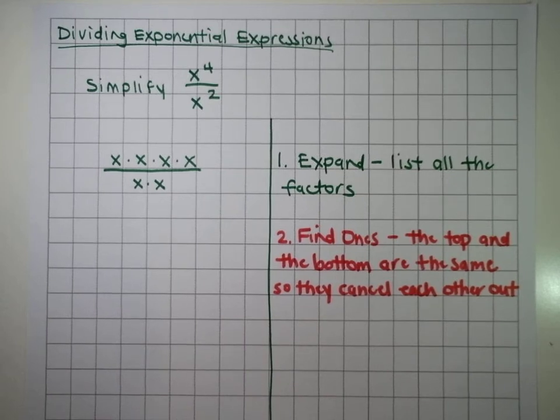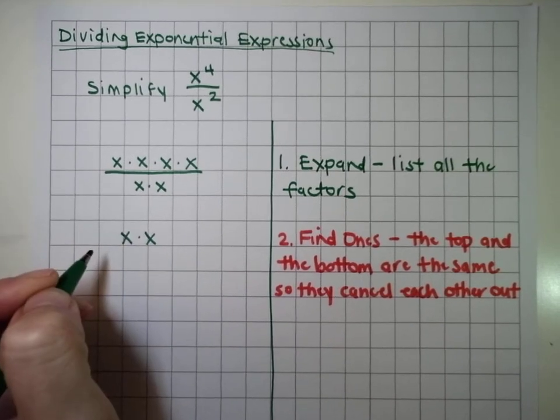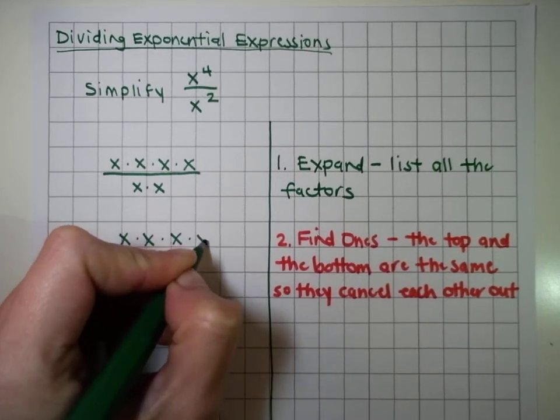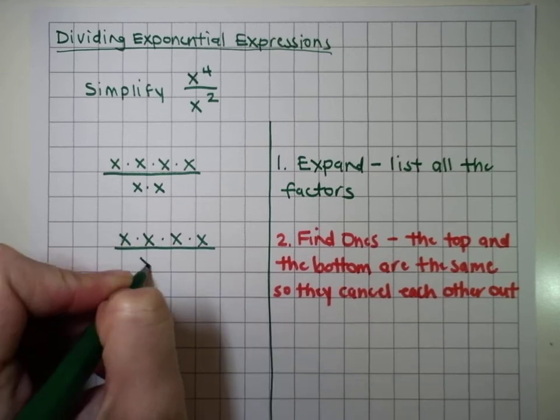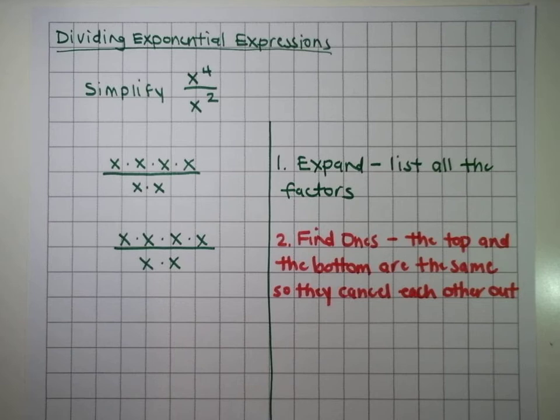So I'm just going to copy down what we just did, just so we have really clear notes, and that we can see the 1 step right next to it. So we're going to cross off or make a 1 wherever we see the top and the bottom are the same.